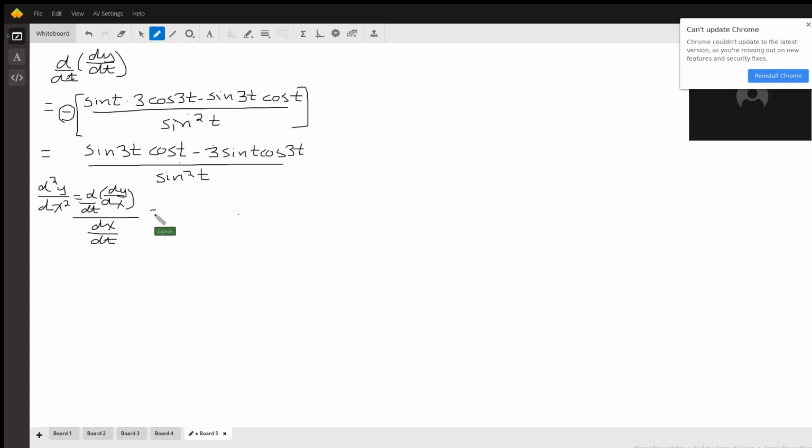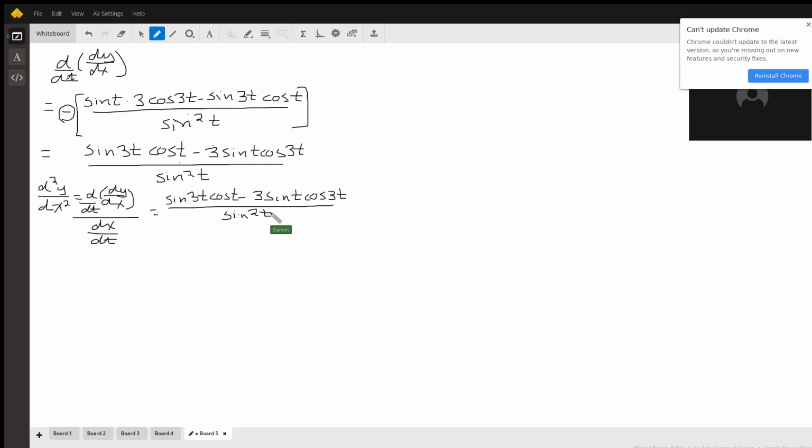So what does that look like? Well, that's all this stuff up here. So I'm going to get sine of 3t cosine of t, minus 3 sine of t cosine of 3t, all over sine squared of t.